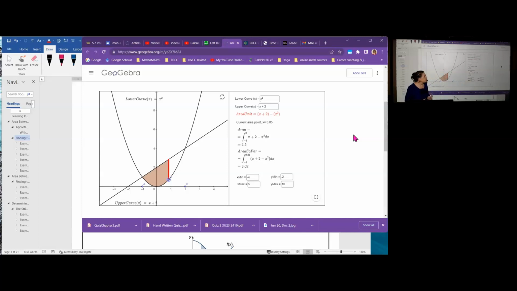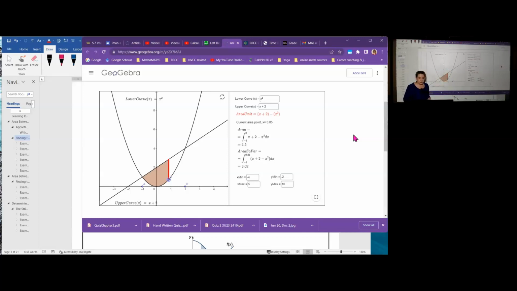And what we do is we take the upper function, which in this case is the line x plus 2, and we subtract the y value on the lower function, which is, of course, the expression x squared. Then we multiply by the differential dx. Notice that there should be parentheses around the integrand there.